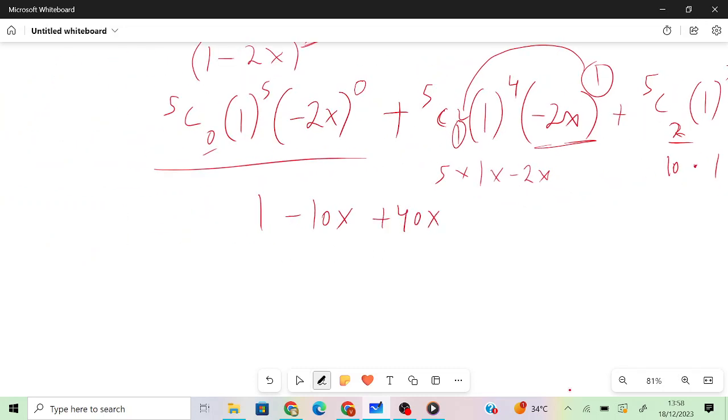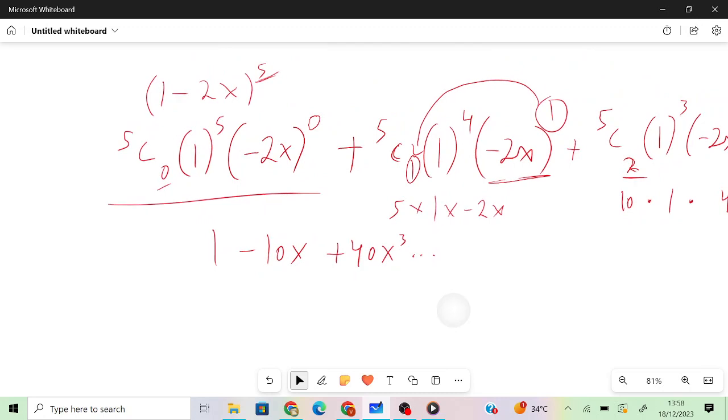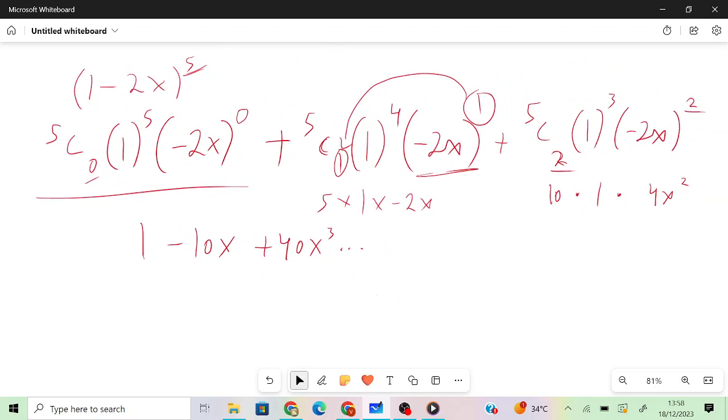The question asks us to find the first 3 terms in ascending order, and this is the ascending order. Always good to just leave 3 dots here. This shows that this can be expanded to even further terms. It's just that the question asked us to find the first 3.